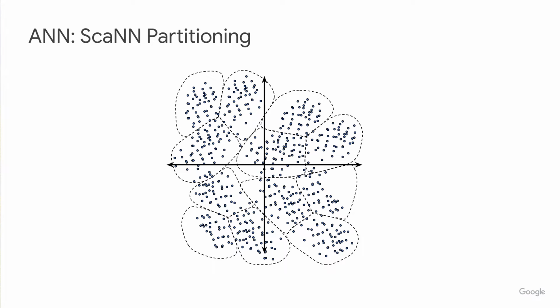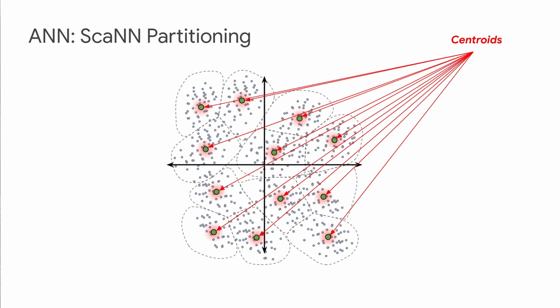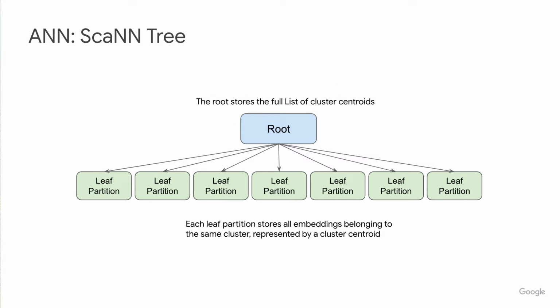The new vector index in Spanner leverages Google's scalable nearest neighbor, ScaNN, algorithm to organize embeddings into clusters. Each cluster is represented by its centroid, which allows us to scan only the most relevant partitions for our search. Based on the ScaNN clustering algorithm that I just described, the vector index is implemented by a specialized tree-like data structure, with the root containing the centroids for all clusters, and each leaf partition maps to a single centroid in the root.